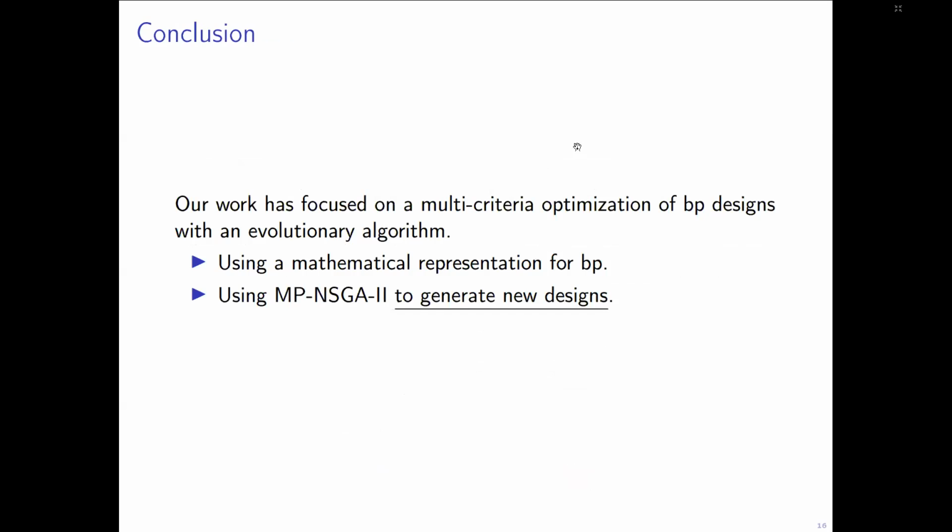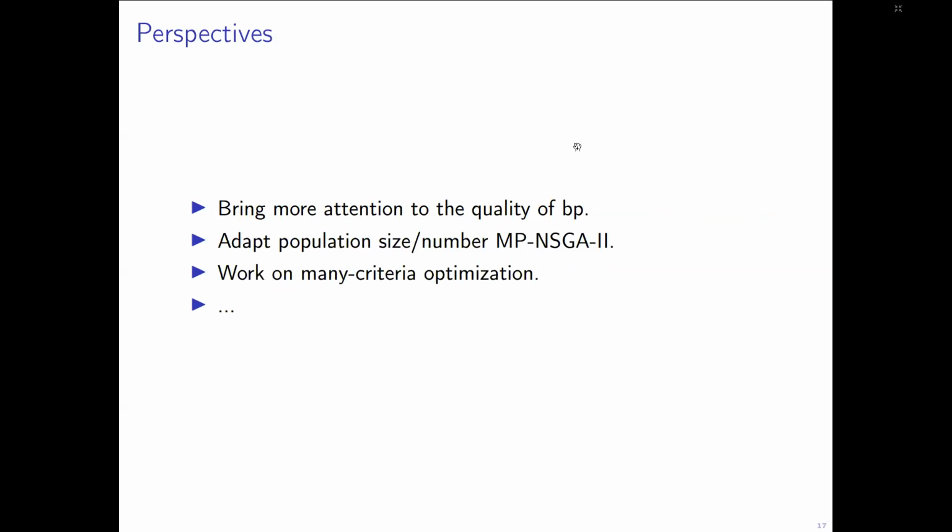To conclude, I have presented our work dealing with business process optimization and evolutionary computing. We propose an optimization approach capable of generating non-dominated solutions with the help of a multi-population genetic algorithm. As a perspective, we can take a closer look at the quality of the business process.